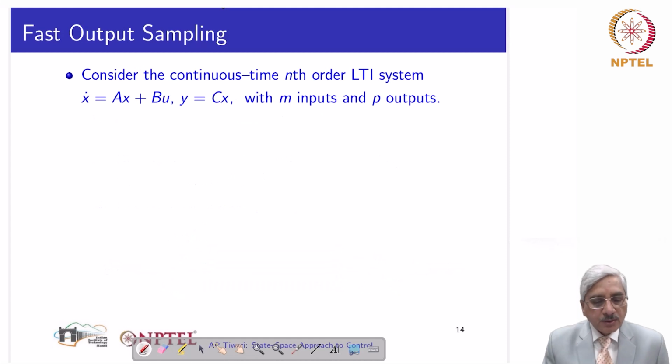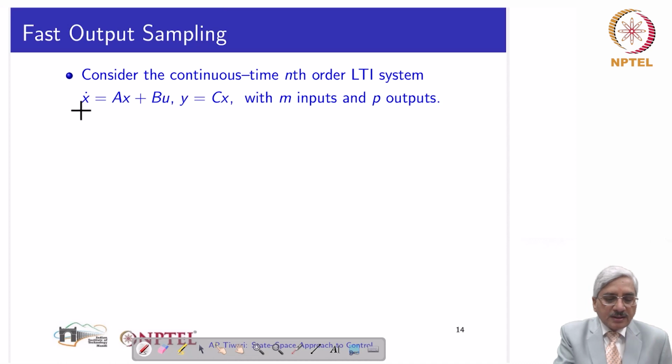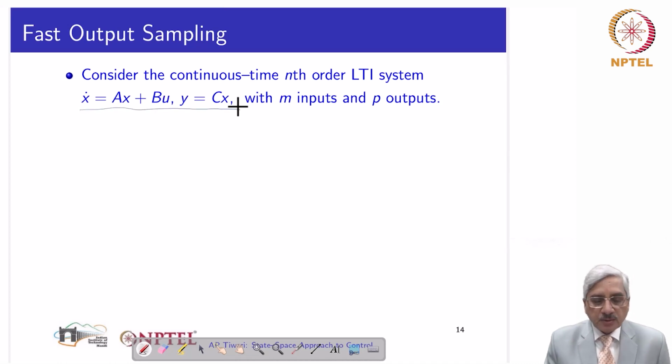Now, in order to see how a fast output sampling controller looks, we again begin from this set of equations, the state and output equations for an nth order continuous time linear time invariant system, which has m inputs and p outputs. So we are considering this general linear time invariant system of order n with m inputs and p outputs.